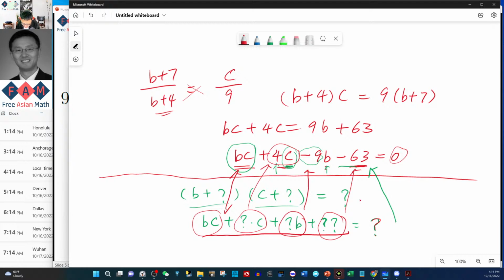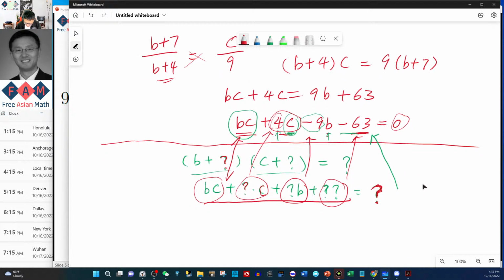So instead of matching this 63, we can just do whatever we need to get a new number on the right hand side. If that's the case, you will see that this question mark times c, which came from this question mark, must be this number 4. So therefore, you can easily write the guessed expression as b plus 4, because this 4 times the c term will match the 4c you have.